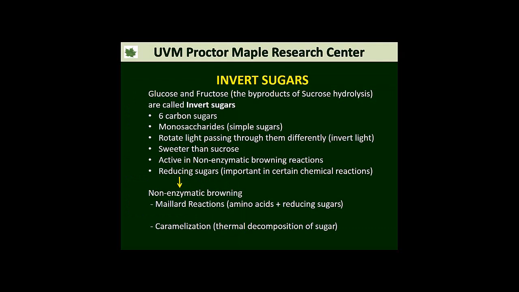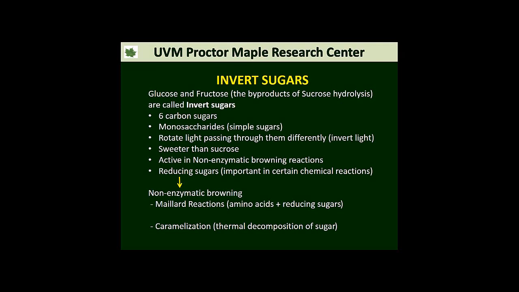They go through a process called non-enzymatic browning. So now we start hitting the term browning that we recognize as making a darker grade of syrup. And it's because of that small amount of invert sugar or reducing sugars that's there. So it goes through a couple of different things. Maillard reactions, which are amino acids that are in the sap combined with these types of sugars, and it starts to turn them brown.